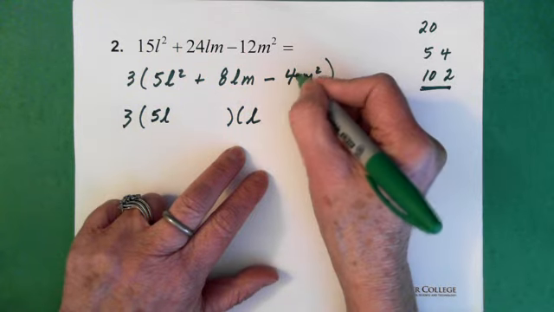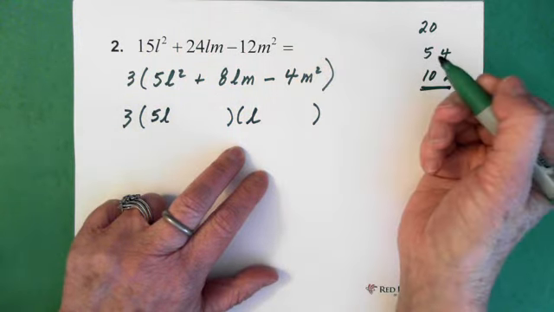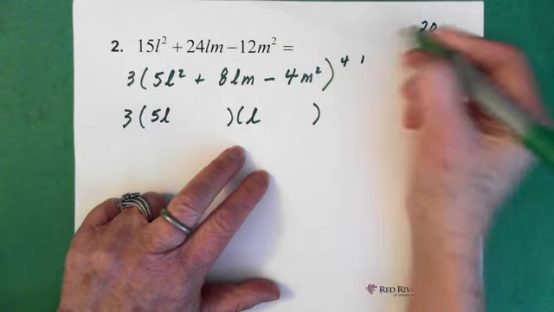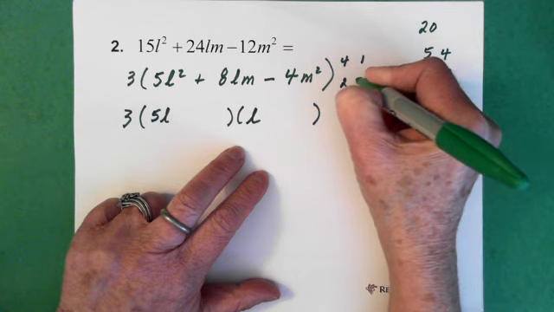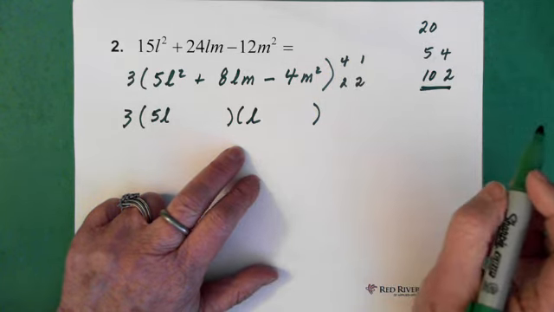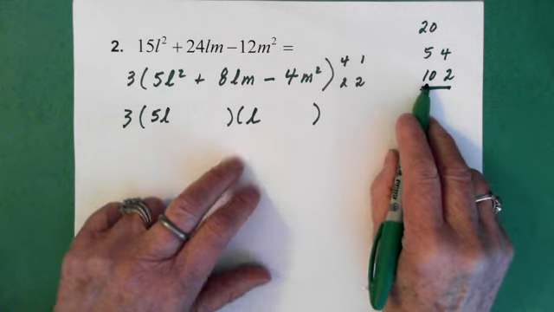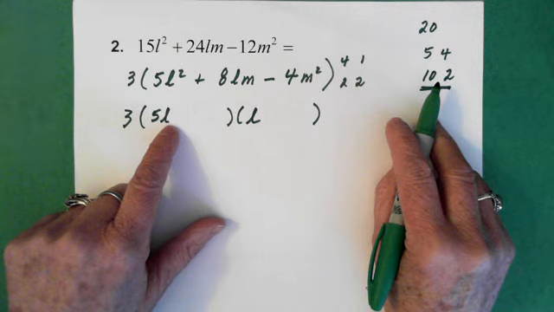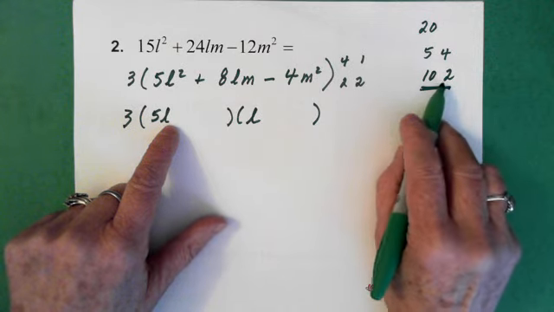Now I have to think about what do I need to get the 4. So 4 times 1 or 2 times 2. Now, sorry, I lost my train of thought there. Okay, so we need the 2.